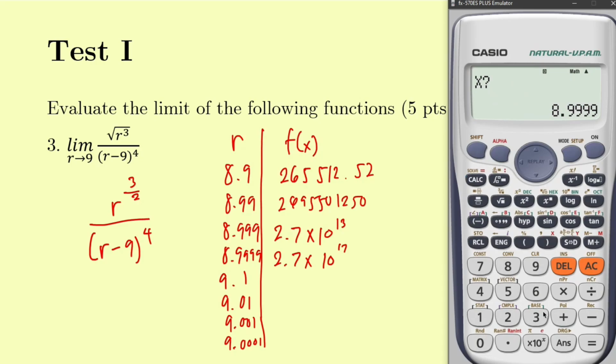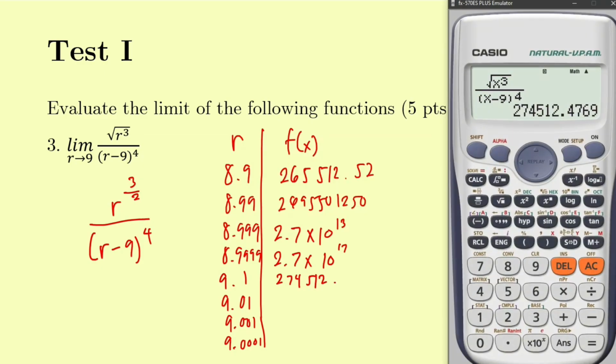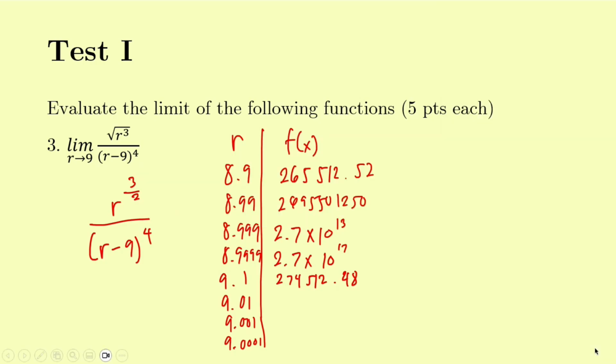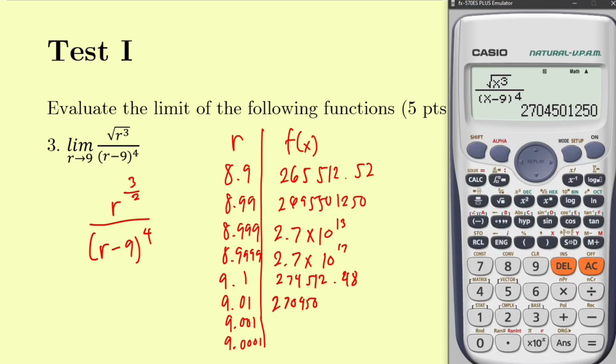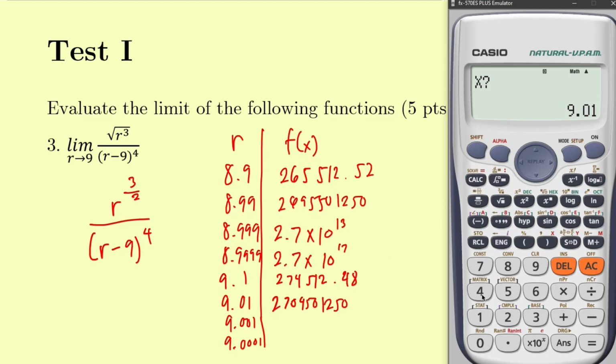So we will try 9.1: 274,512.48. 9.01: 270,450,1,250. What about 9.001? 2.7 times 10 to the 13.